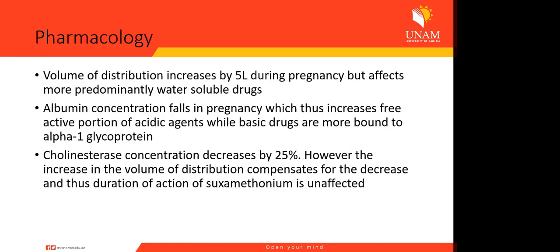All right, pharmacological changes. The volume of distribution increases by 5 liters during pregnancy, but note that it affects predominantly the water-soluble drugs. Albumin concentration falls in pregnancy, so drugs that are bound to albumin, you need to reduce their doses. This increases the free active portion of acidic agents, while basic drugs are more bound to alpha-1 glycoprotein. Cholinesterase concentration decreases by 25%.